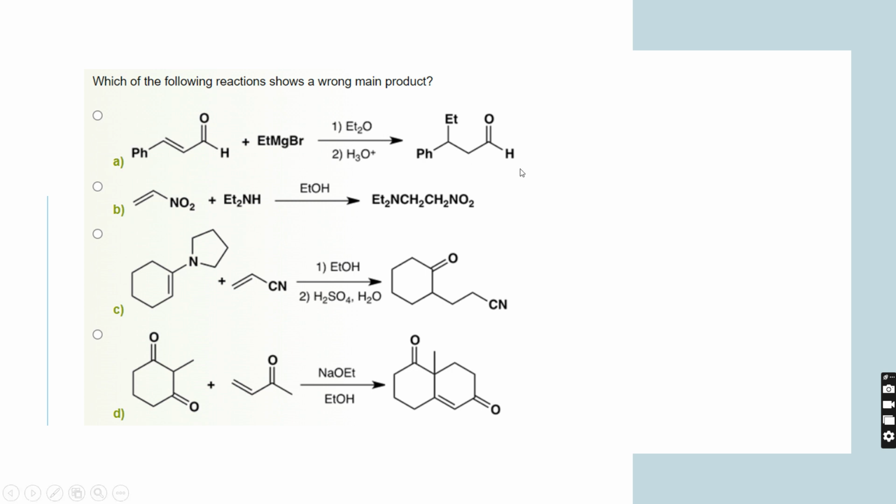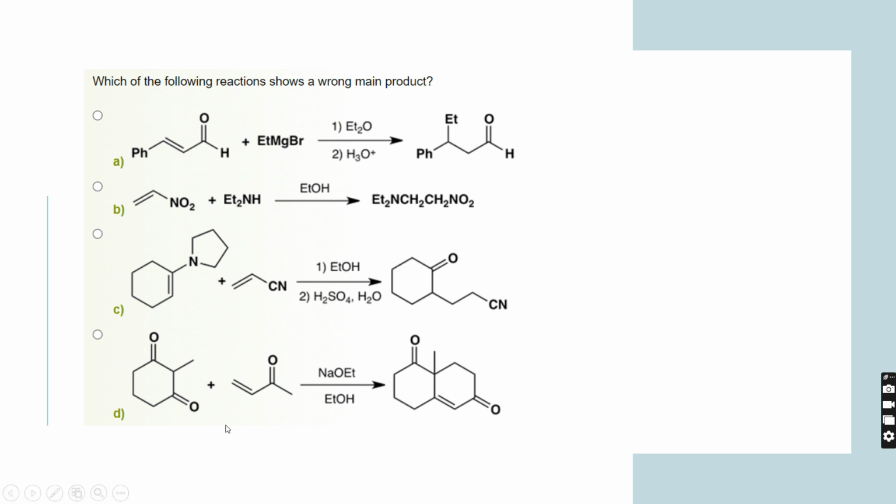I hope you understood. Okay, you may go through the list of hard soft nucleophiles again, and you will see that for this particular question, the major product should be alpha beta unsaturated alcohol. So we will keep in mind that option A is not showing the correct main product.